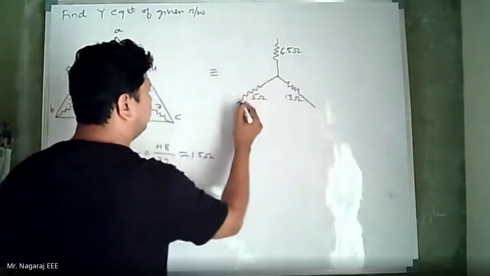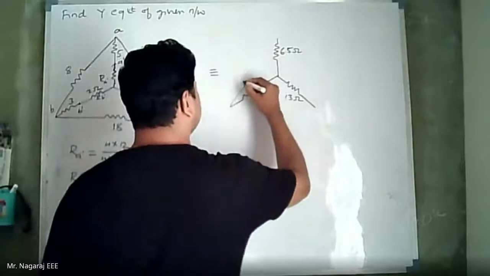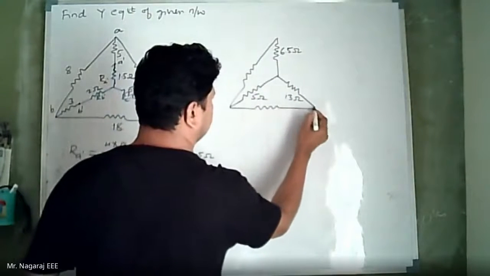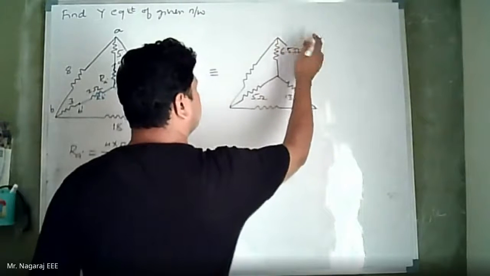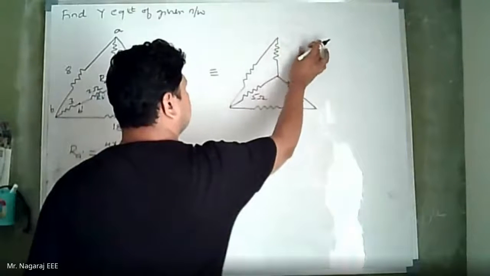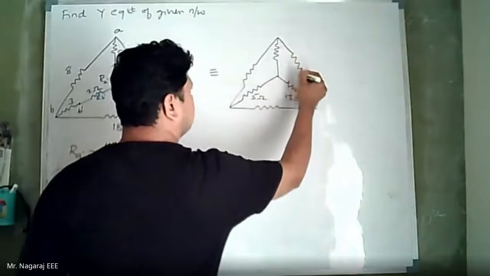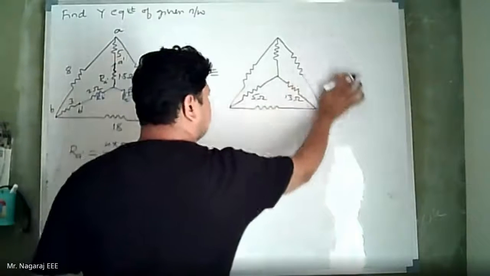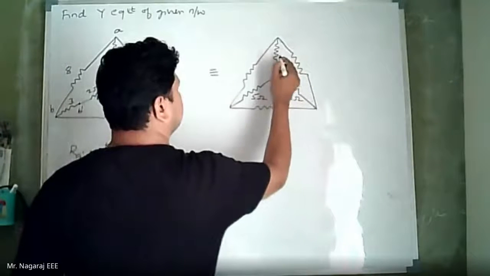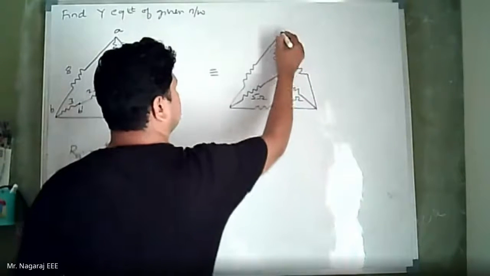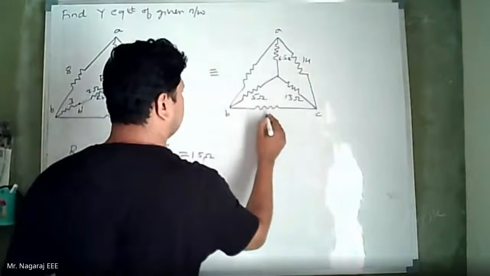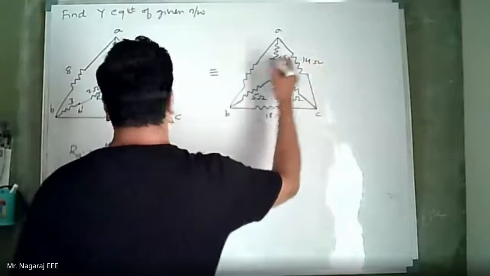Now there is an outer delta connection A, B and C. This is 14, this is 18 and this is 8 ohms.